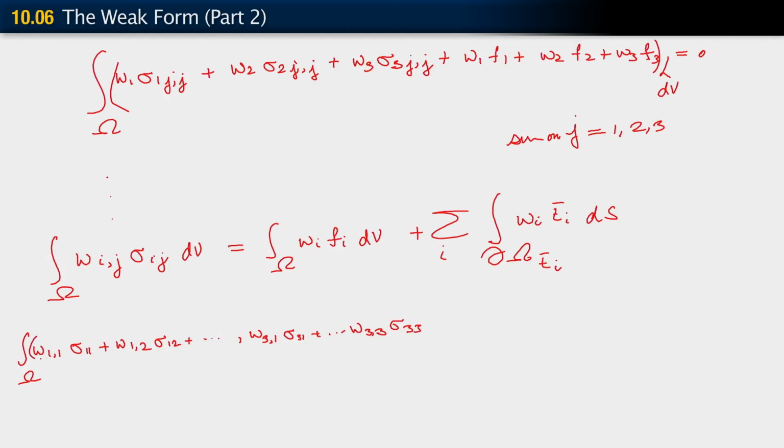There are 9 terms in here, dv, equals the first term on the right-hand side, which has how many? 3: w1 f1 plus until w3 f3.